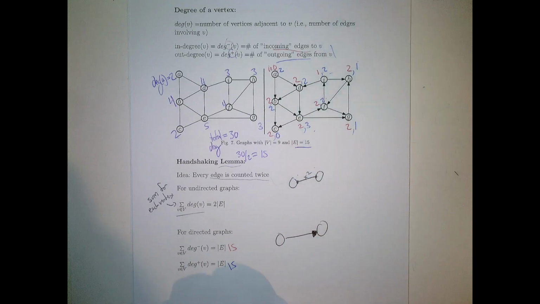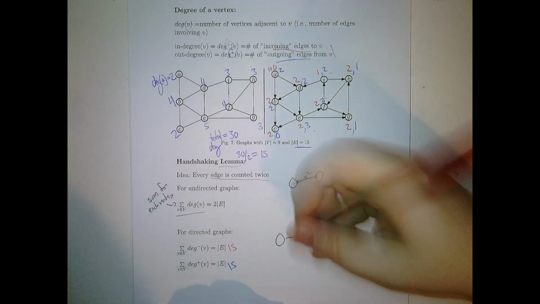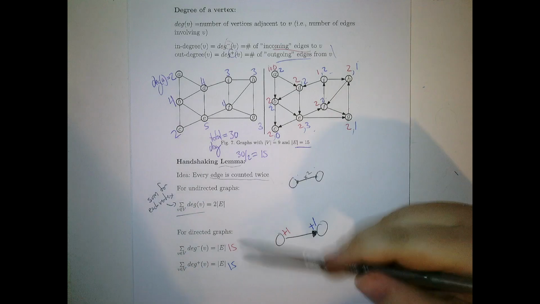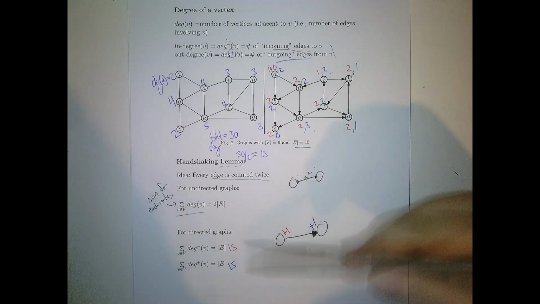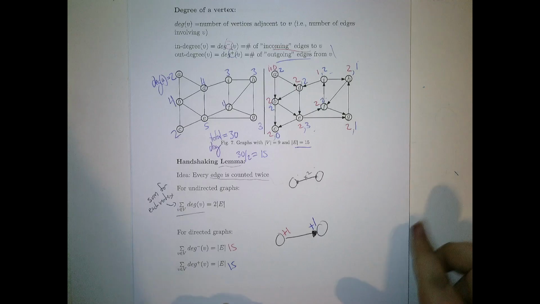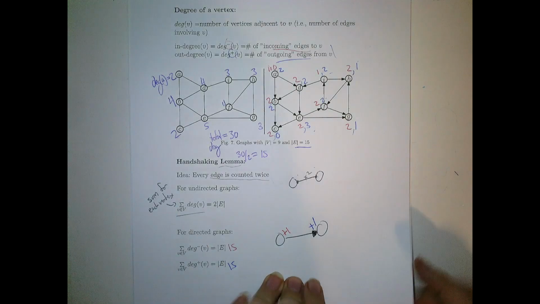So every edge adds 1 to the out and adds 1 to the in. So every edge adds 1 to each. And so if you count these 2 up, they're each just going to be the number of edges. These will be useful for some analysis stuff, but I figured I'd toss that in with the counting stuff.